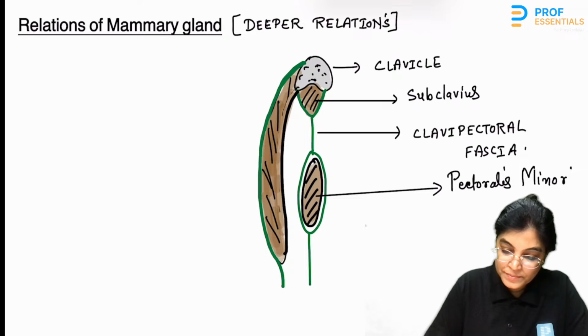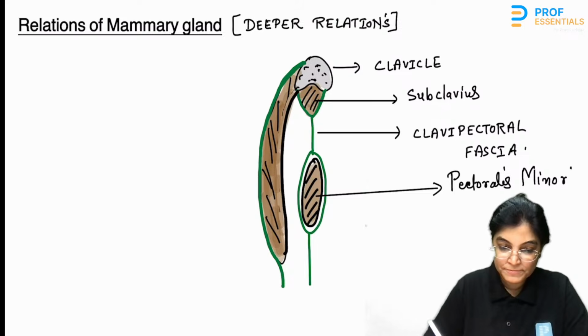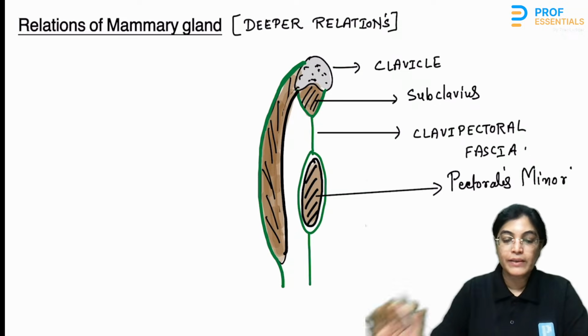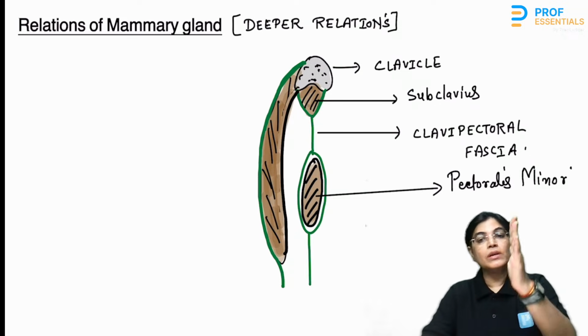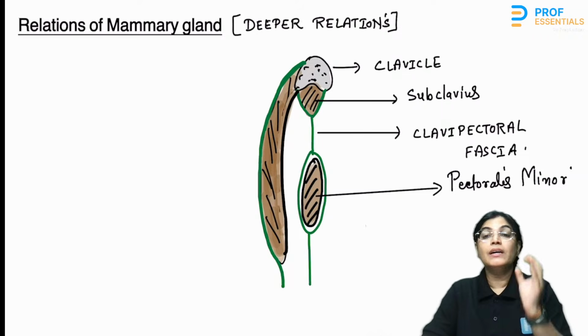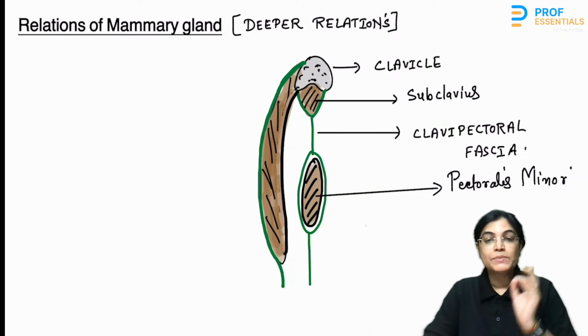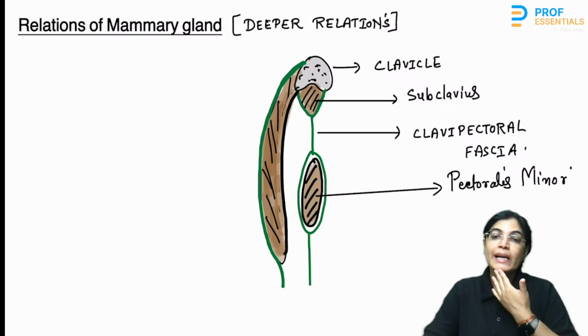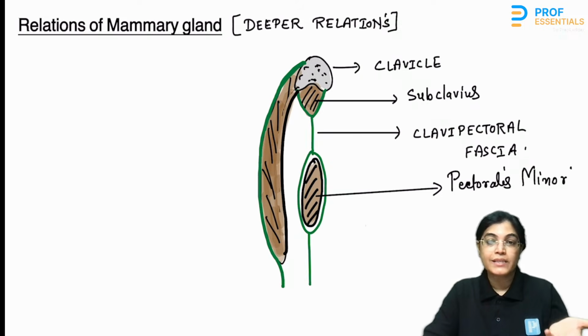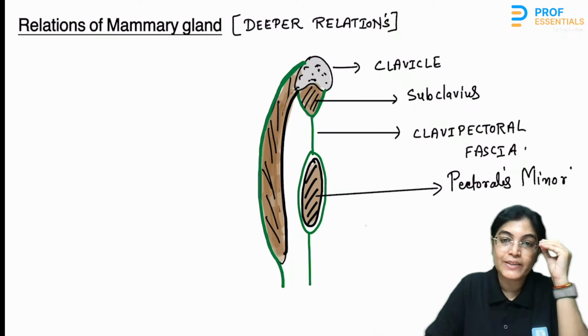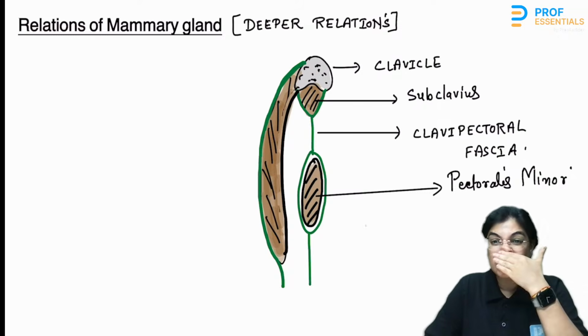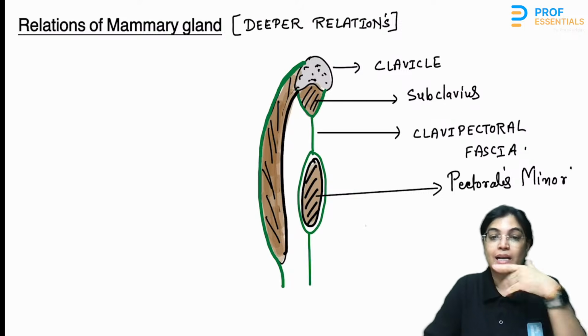Going with the labeling. I will label it, but anterior to the pectoral fascia, we will have the retromammary space. Actually, this space is also utilized by surgeons for the implantation of silicone breast implants, when the removal of the breast is done in case of breast carcinoma.